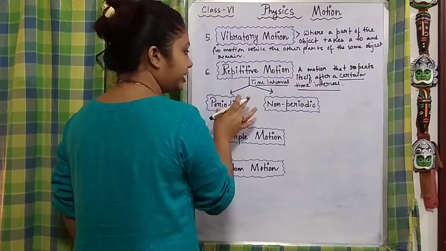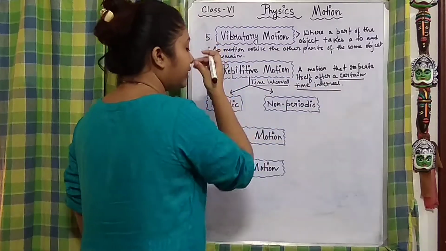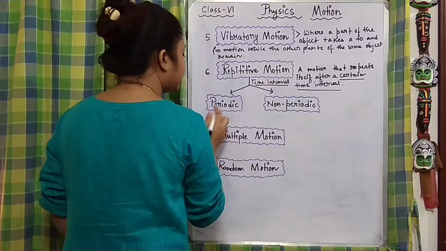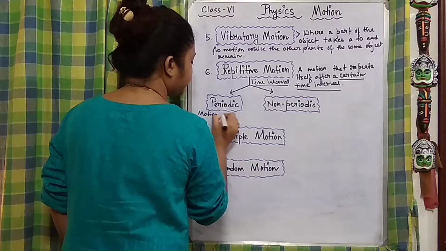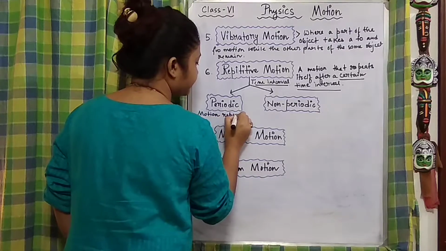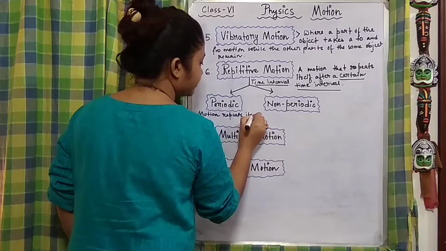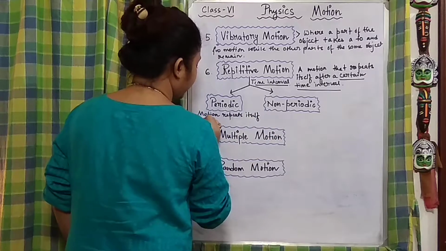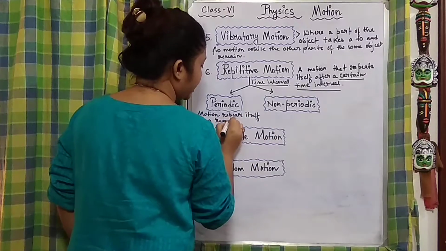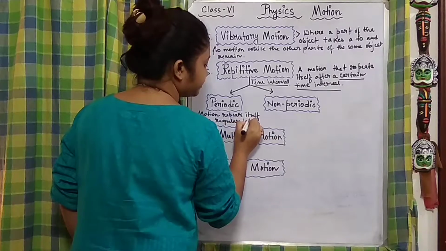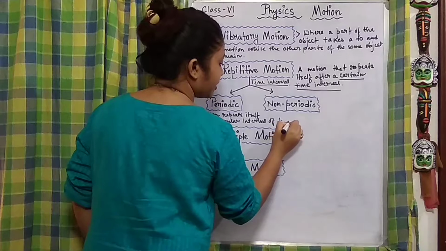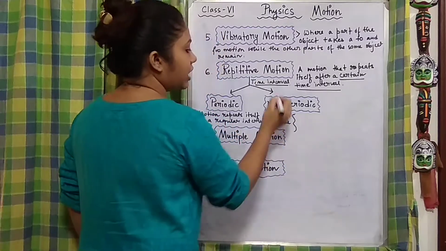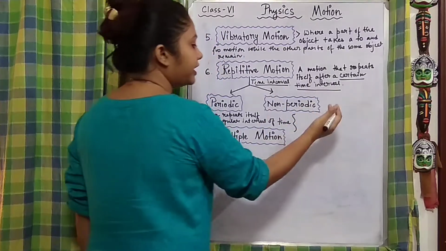The first one is periodic, the other is non-periodic. In periodic motion, the motion repeats itself in a regular interval of time.